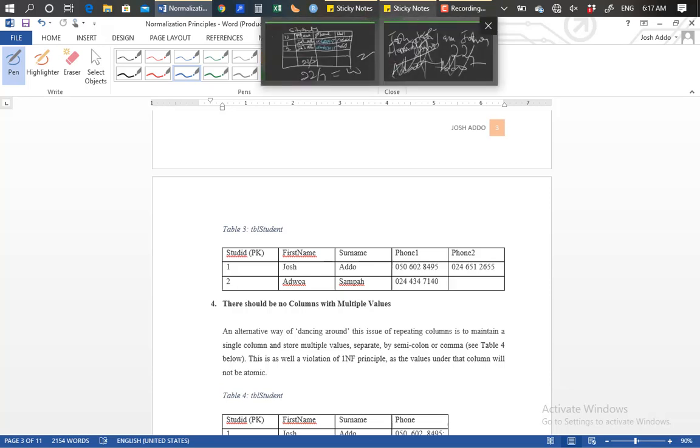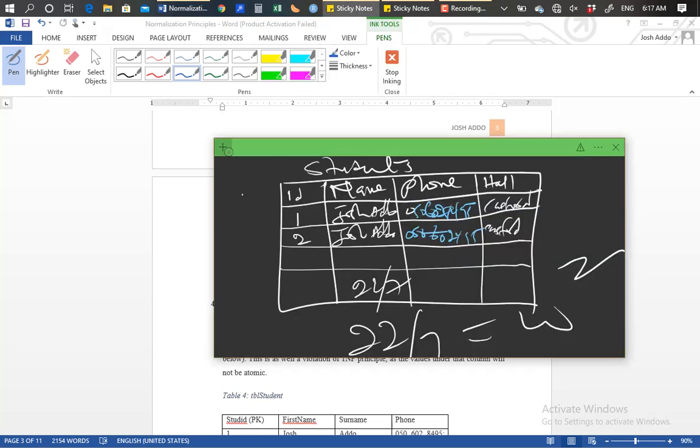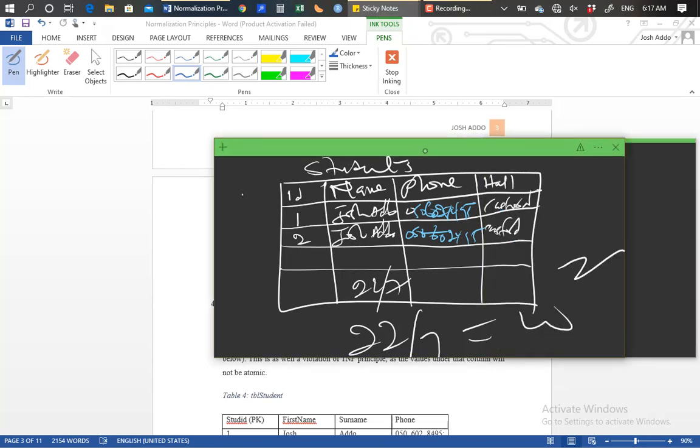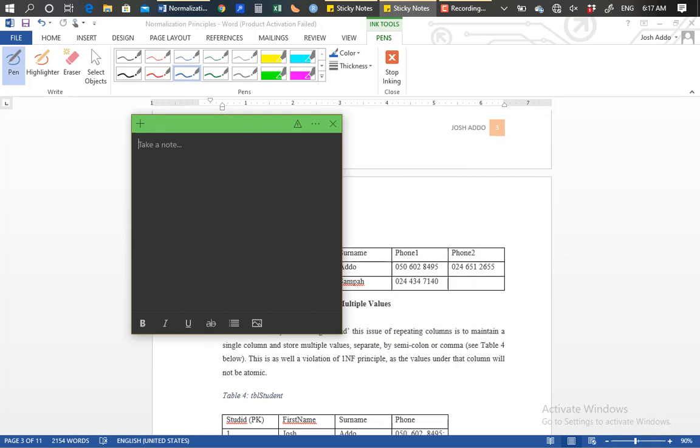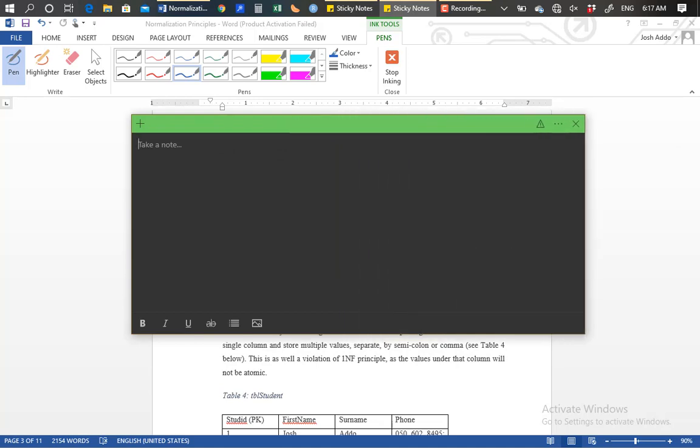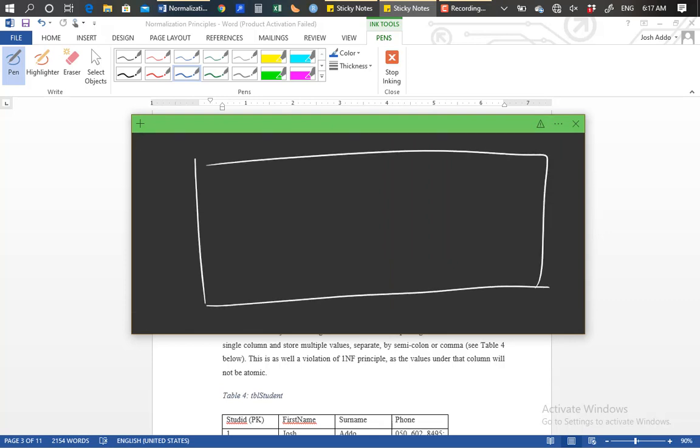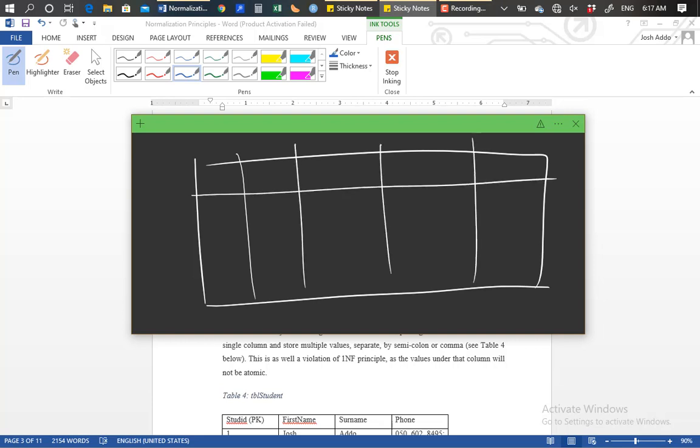So you do a database table like this. So let's say you have your product ID, product name.